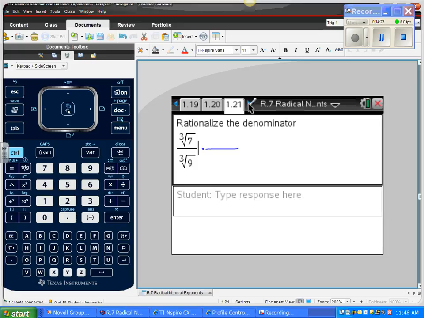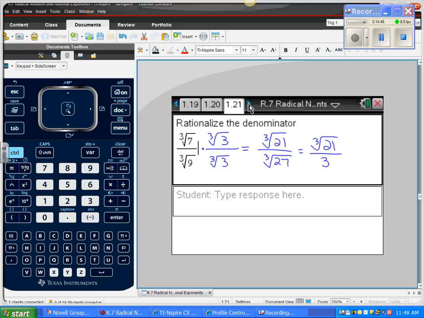So what would I have to multiply 9 by to get 27? Well, we'd have to multiply by 3. So cube root of 3, cube root of 3, which is going to give us the cube root of 21 over the cube root of 27. And the cube root of 27, we know, is 3. Okay?